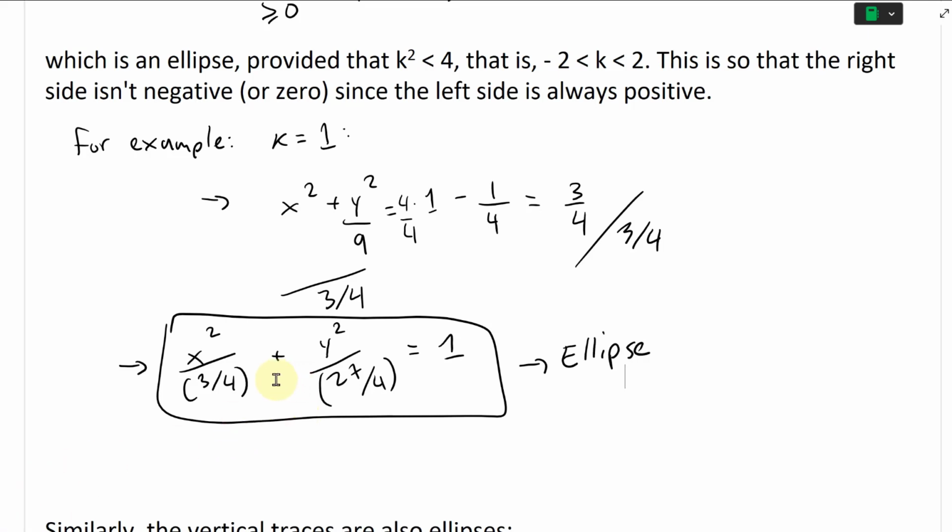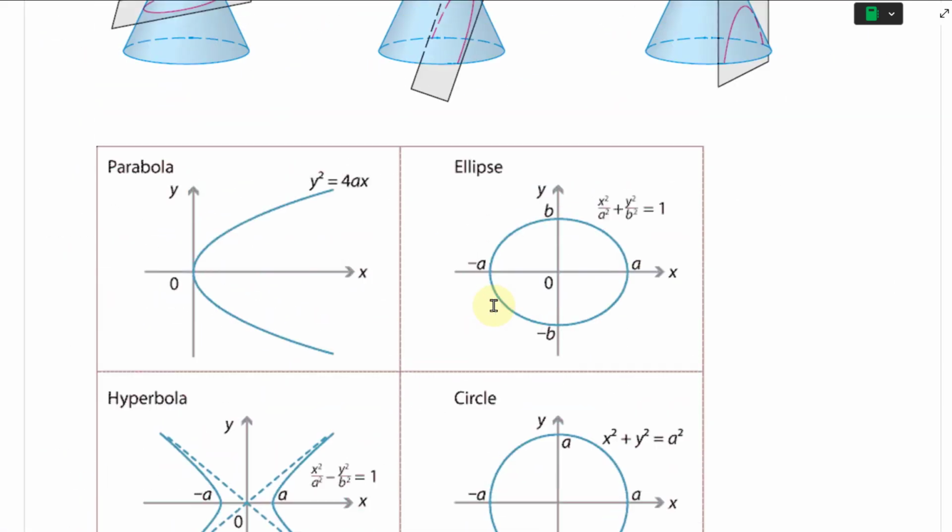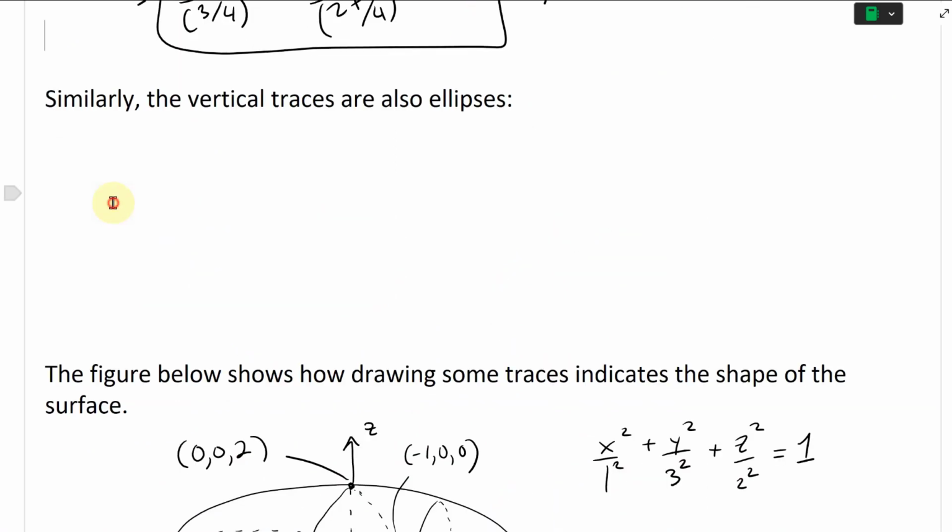And you can convert those over to here, the a squared, and so on. And similarly, the vertical traces are also ellipses, and you'll get this one if we just set x equals k, the first one.